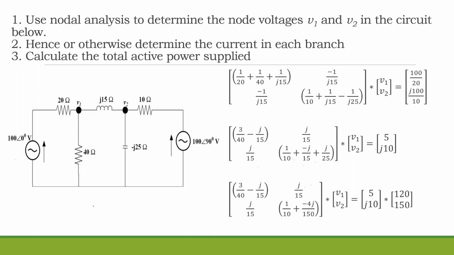In terms of the 5 j10 matrix times 120, 150, I'm not understanding that. Why are you multiplying by the 120 over 150? Yes, sir. I'm just trying to get rid of the fractions.